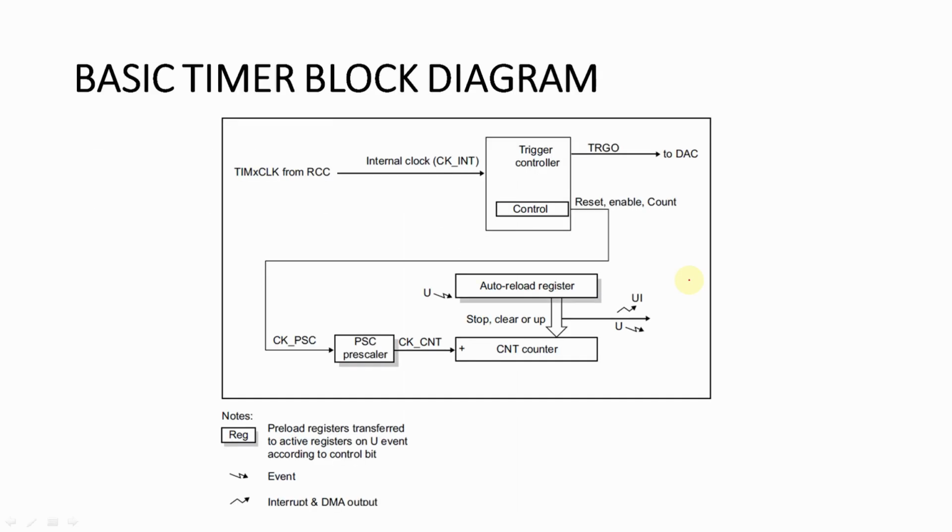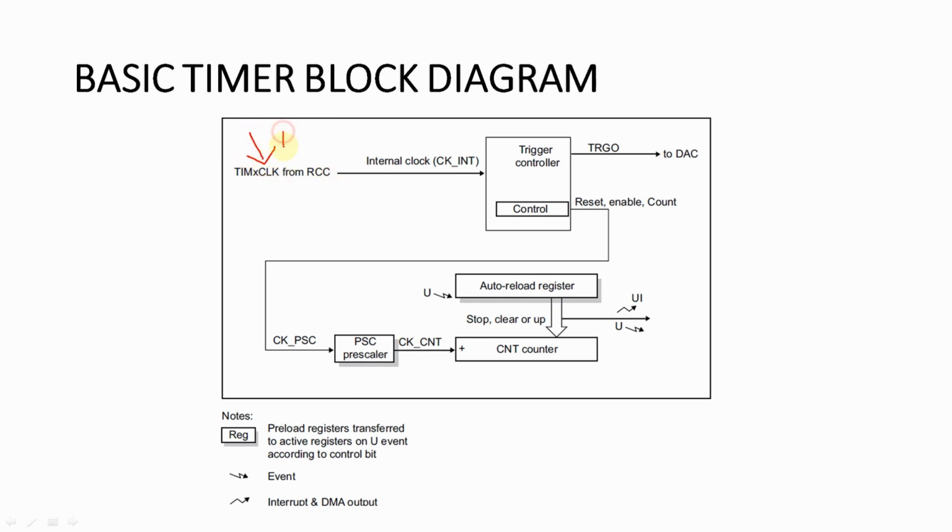So on the screen now you can see the basic timer block diagram. This is very important. This is the basic operation that I am going to explain. Here you can see the timer clock is derived from RCC.